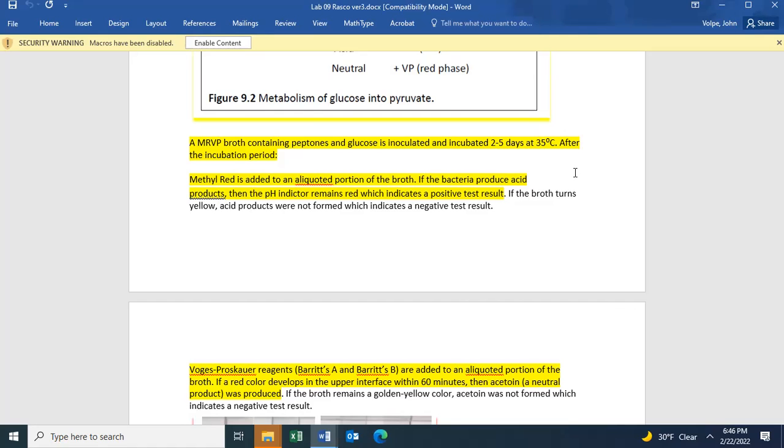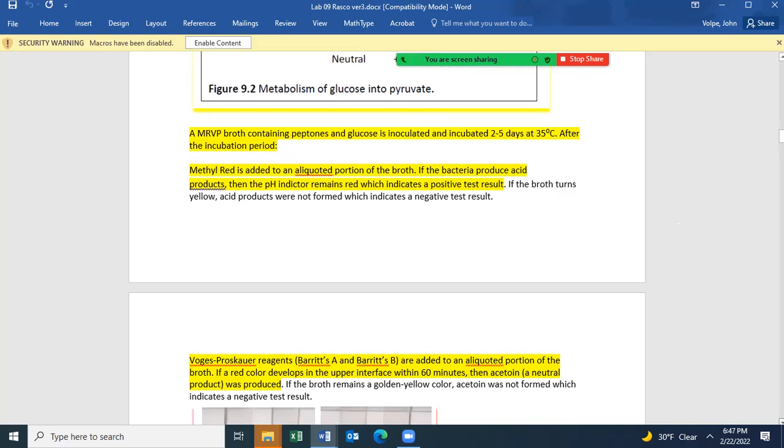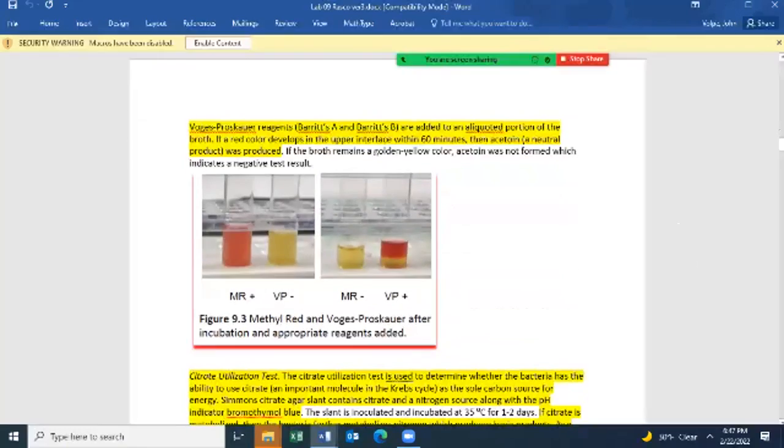And if the tube remains red, then the acids from the mixed acid fermentation occurred, and it'll keep the methyl red red, and then the tube is positive. Any questions about the methyl red test? If not, we'll move on to the VP test.